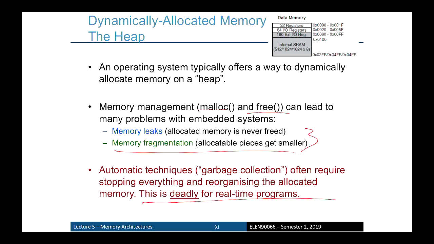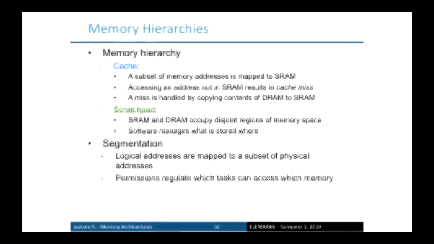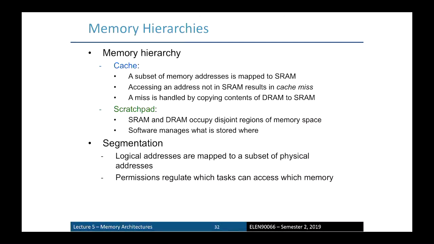We don't talk necessarily about OS determined dynamic allocating, because this doesn't typically happen in embedded systems because it's too difficult to predict. Okay, so I want to talk a little bit about memory hierarchy. In particular, this is probably important for the assignment. Talk about caching.